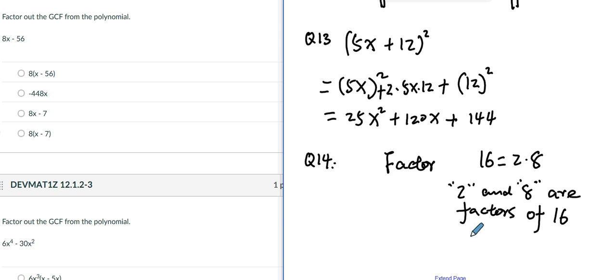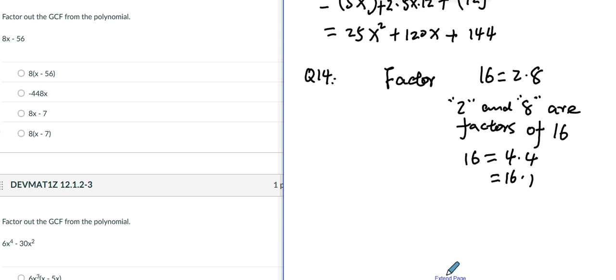You may say, hey, 16 also equals 4 times 4, also equals 16 times 1. And you say 4, 1, 16 are also factors.